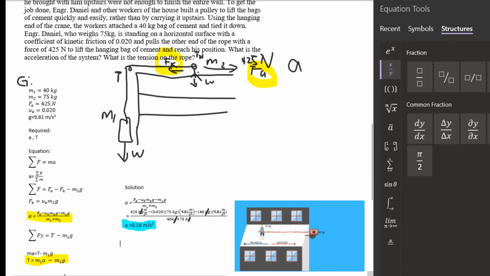So let's copy the formula. If we're going to solve this one, let's substitute the values. For the mass sub 1, we have 40 kilograms times the acceleration, which we got a while ago, 0.16 meter per second squared.